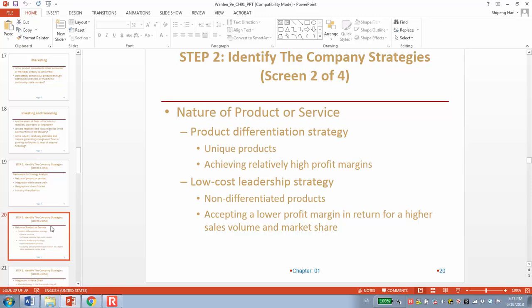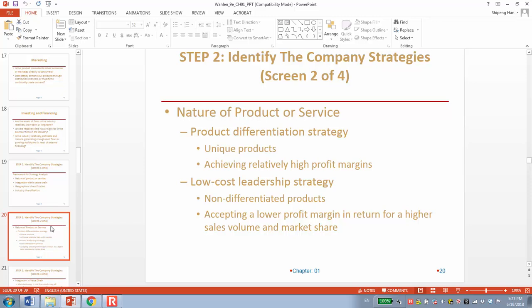For example, some very famous luxurious brands, right? Or we can use cars as an example. The luxurious cars like Ferrari, Lamborghini, there are not so many sales all over the world, but for each car, the company makes lots of money, high profit margin.